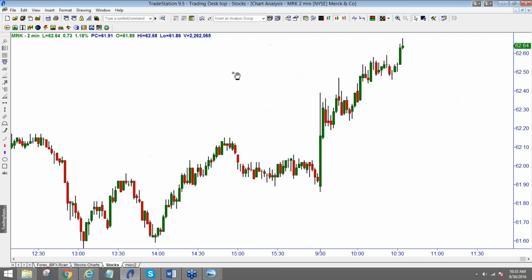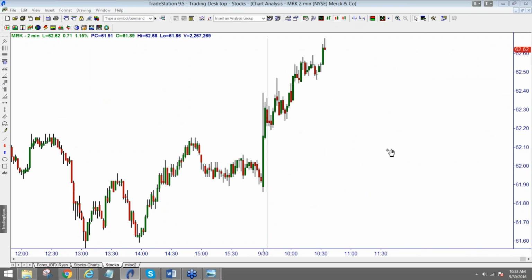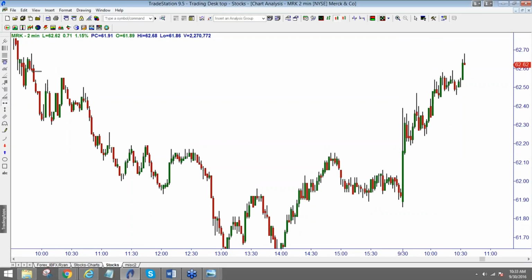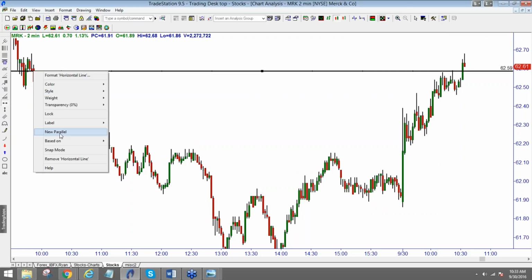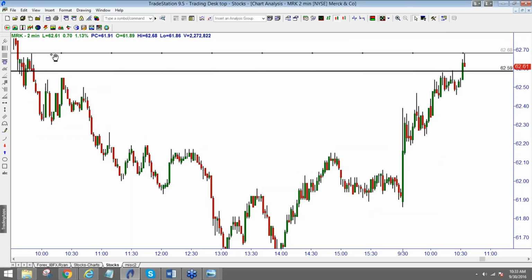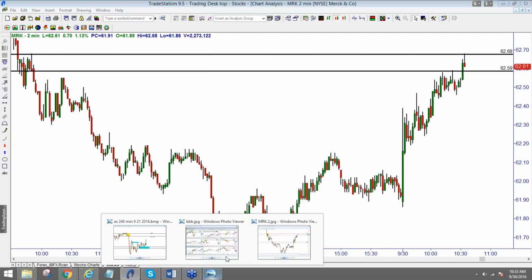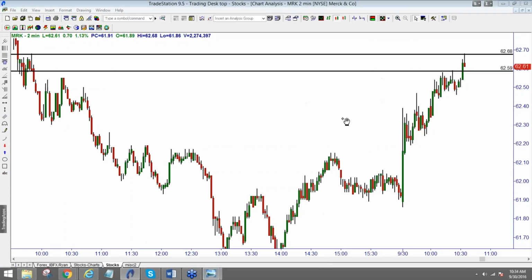Let's see here. All right, looks like it touched right there. Mitch was in this trade before. Let me just highlight this.